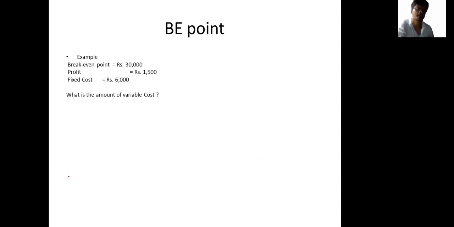Here, we have been given the break-even point, profit and fixed cost. We need to calculate the variable cost. So, as you are aware, total contribution minus fixed cost equals profit.